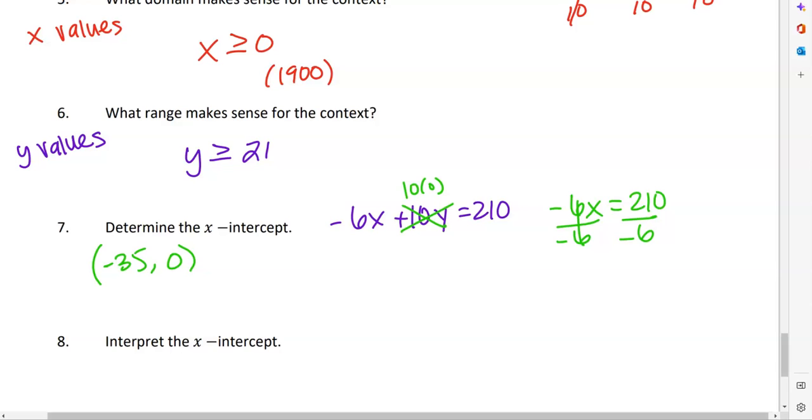My x value was years, right? So negative 35 years from 1900. So what is that? 1865. In the year 1865, what does the 0 represent? What are my y values?